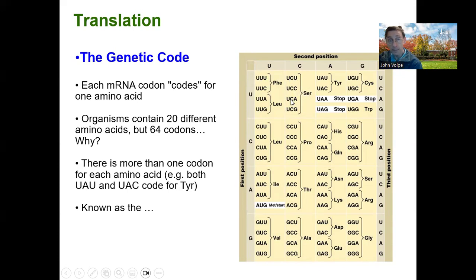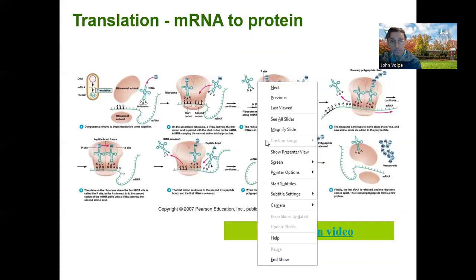And then some amino acids, like leucine, have 6 codons coding for that one amino acid. So there can be more than one codon for each amino acid. In fact, except for 2 of the amino acids, there is more than one codon coding for those amino acids. This is known as the degeneracy of the code.